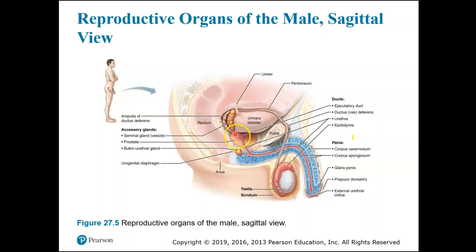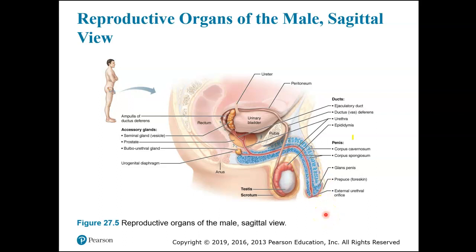And then from the ejaculatory duct, semen will enter the urethra and, of course, be released from the male's body through the penis. So we have epididymis, ductus deferens, ejaculatory duct, and urethra.